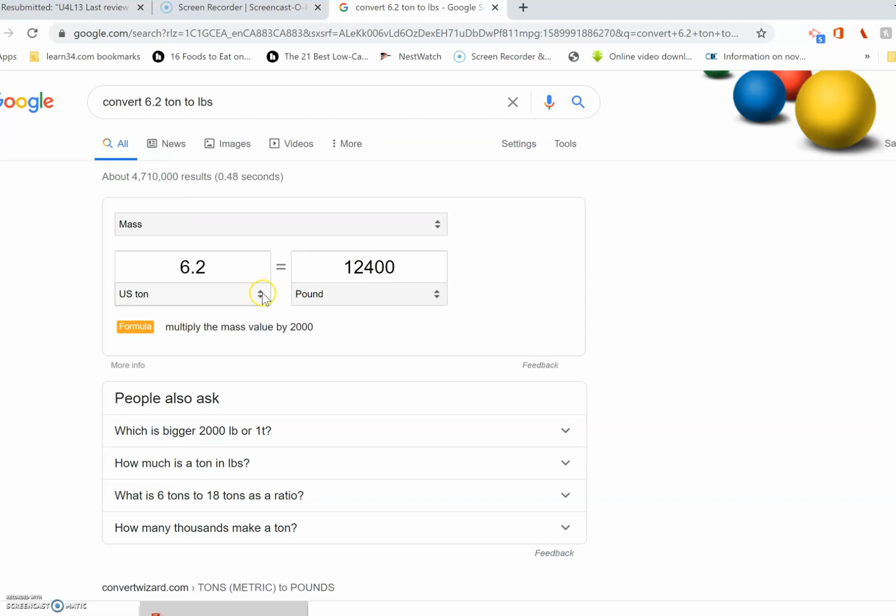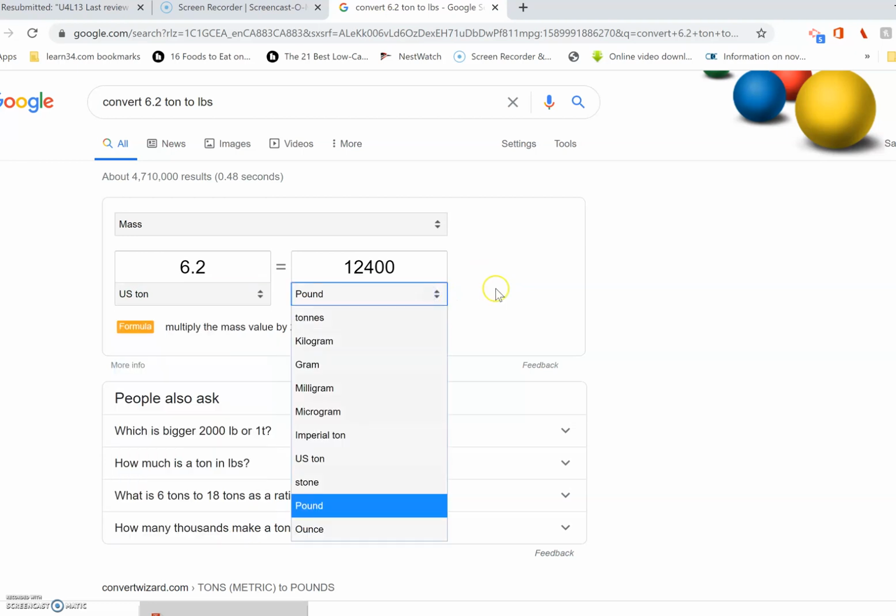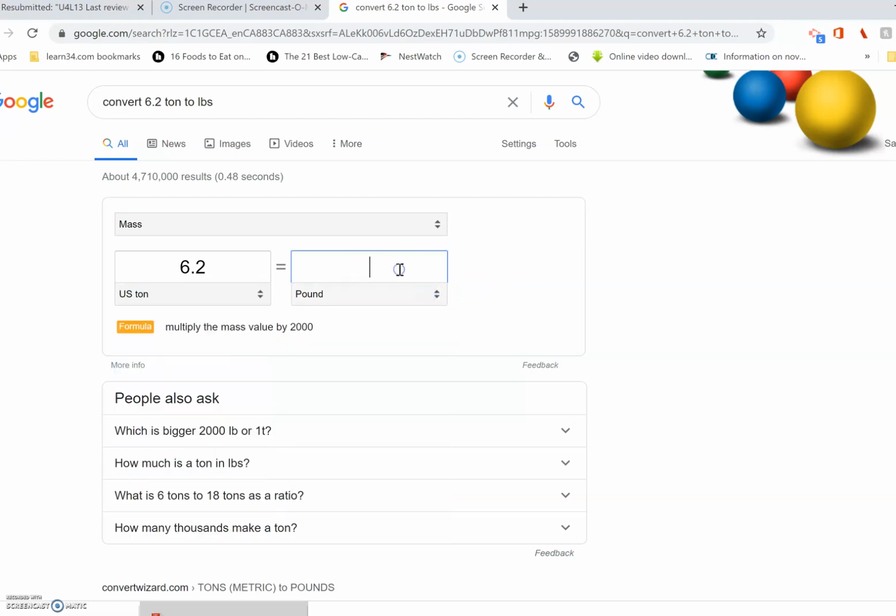This is Google's little one. And of course, you can change what you start with and what you end with, and you can change both of these. So for example, if I want to know how many tons 13,000 pounds is, if I type in 13,000 here, there we go, it's 6.5. Or if I want to know what 8.5 is, I type in 8.5 here, and then it changes it there. So it's pretty slick. Okay, and this would be for mass.